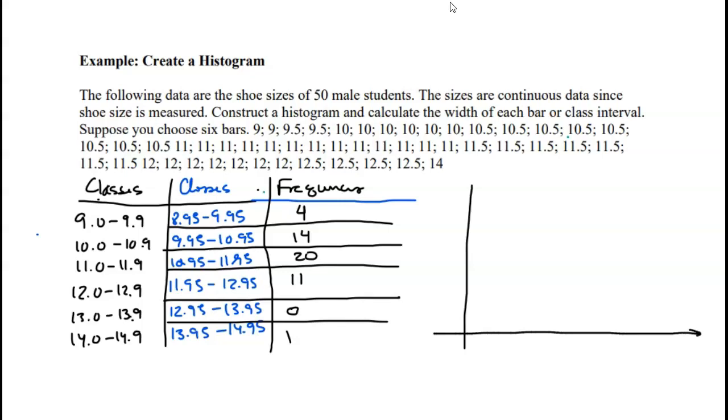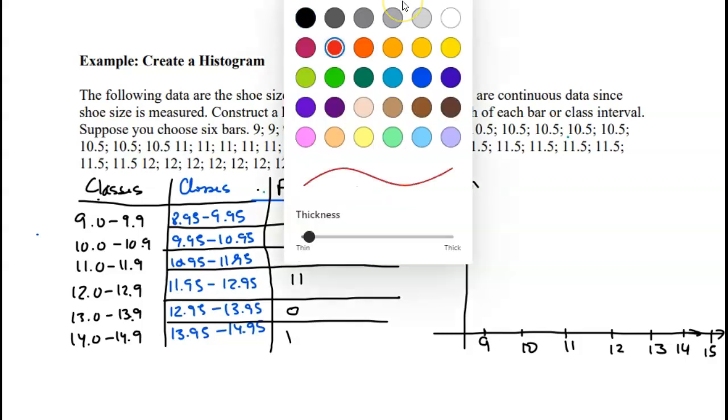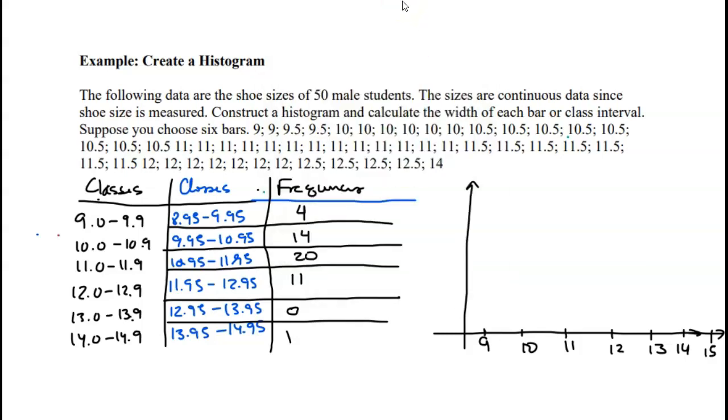Now to make the histogram, you want to put the center point in the middle, or not necessarily. You can go from 9 to 10, from 10 to 11, from 11 to 12, from 12 to 13, and 13 to 14, and then 14 to 15. So the center point is the center of each of these intervals.